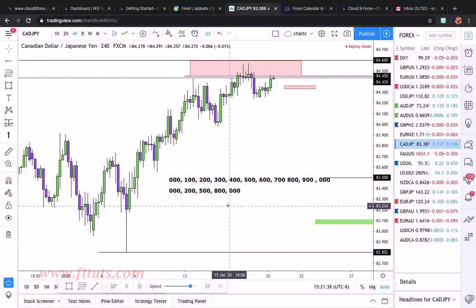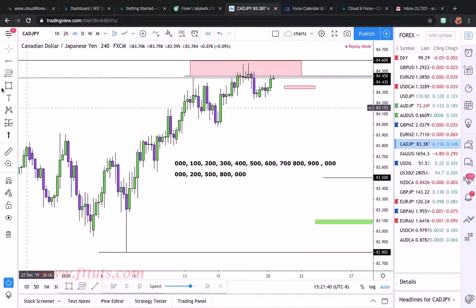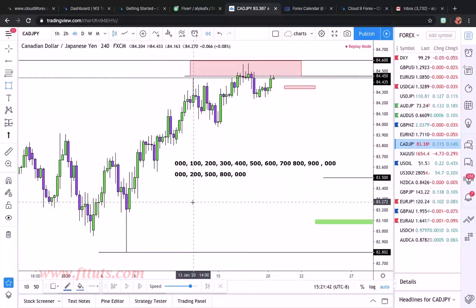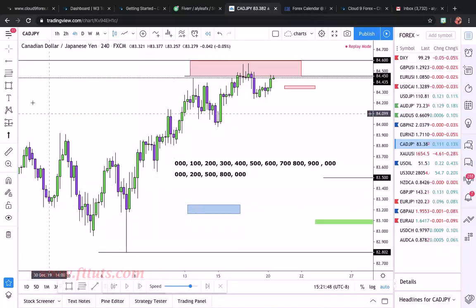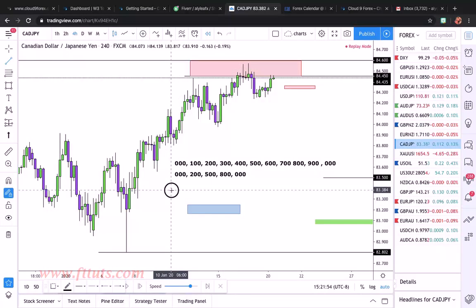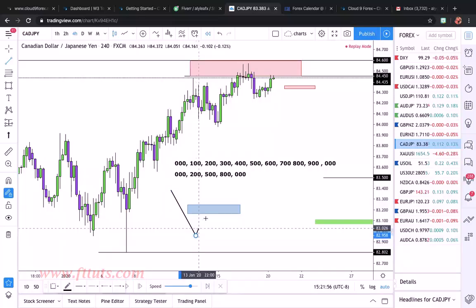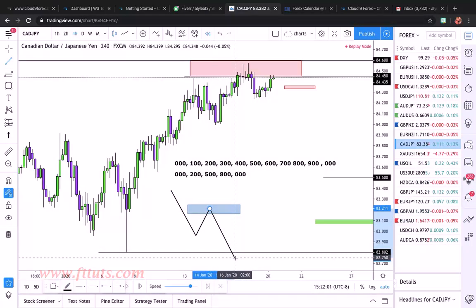So what ends up happening is, for example, let's say we're in a sell. We're in a downtrend, come up for a retrace, and then continuation down.